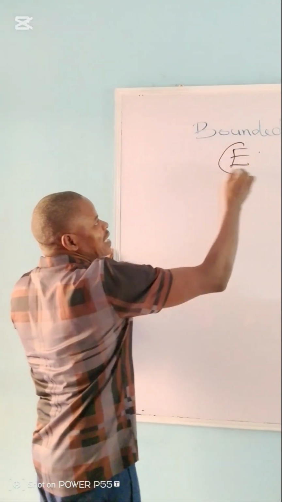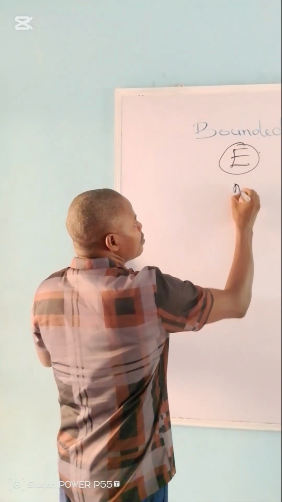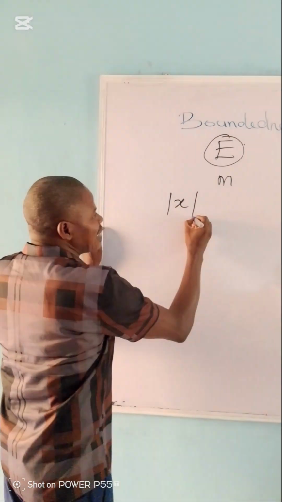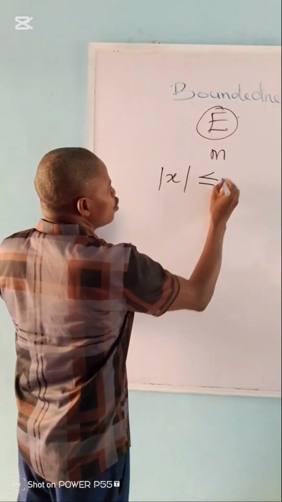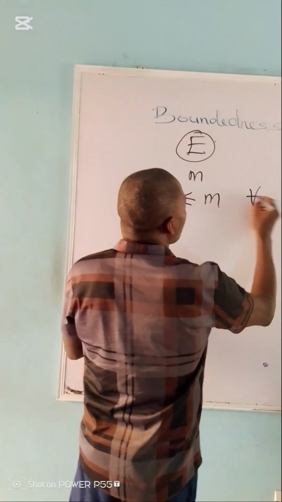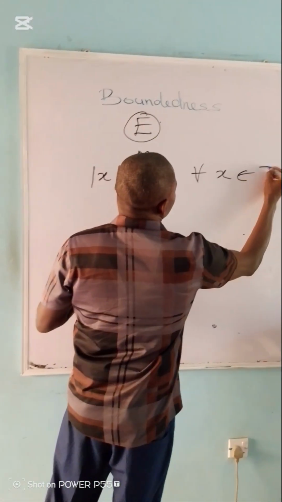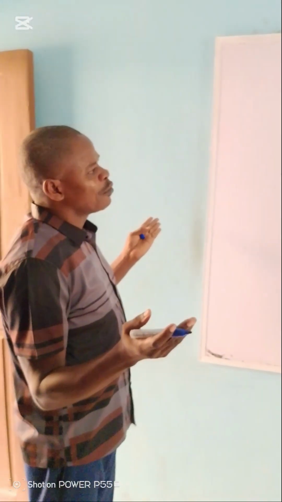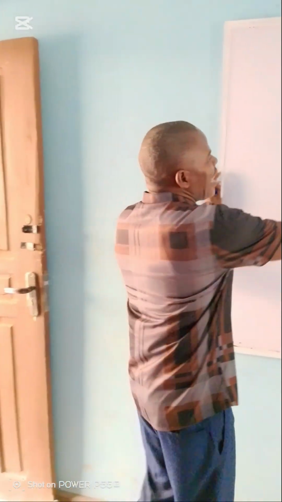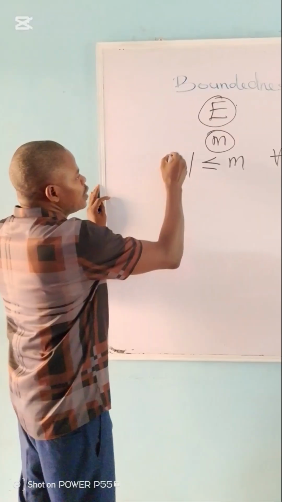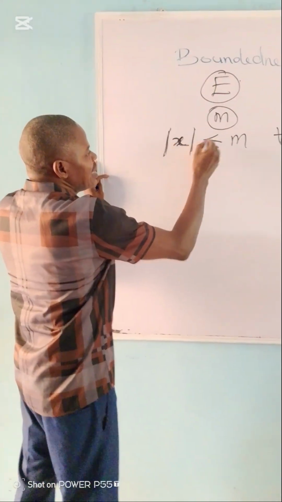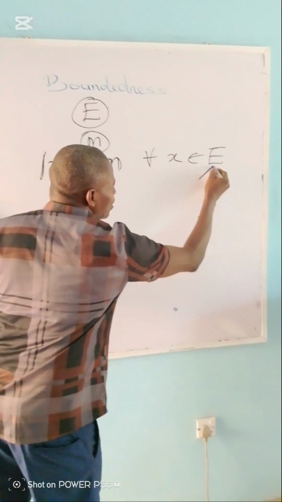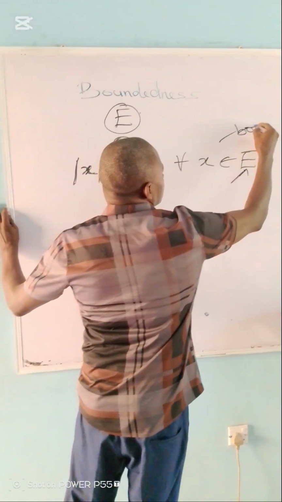We can say this particular E is bounded if there exists M such that the absolute value of x is less than or equal to M for all x in E. So this is still the same thing as what we have done before. If I have M such that the absolute value of x is less than or equal to M for all x in E, then consider that this particular E is bounded.